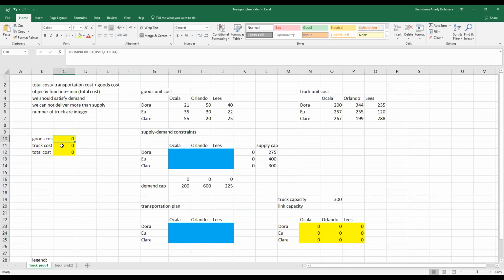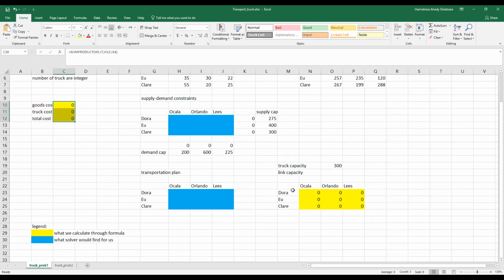And the yellow ones come from our formula. For example, look at this giant yellow rectangle.